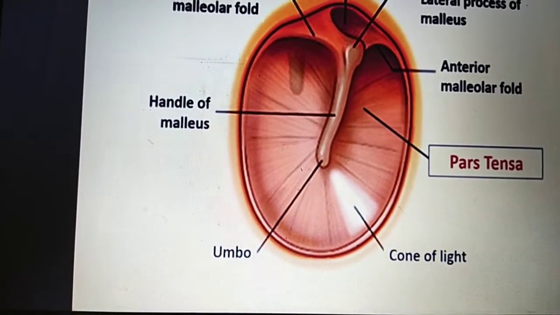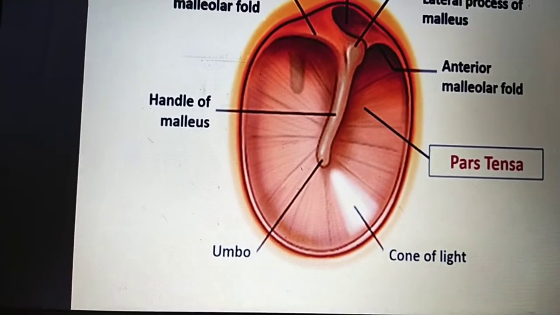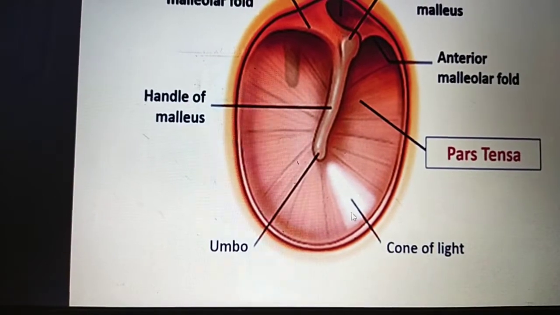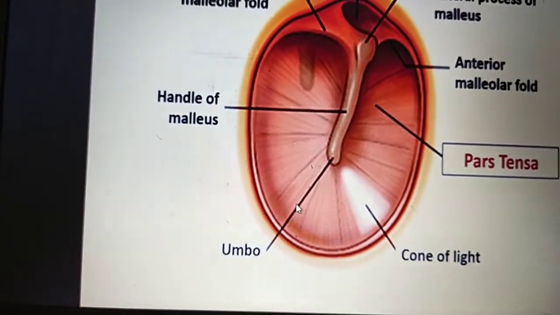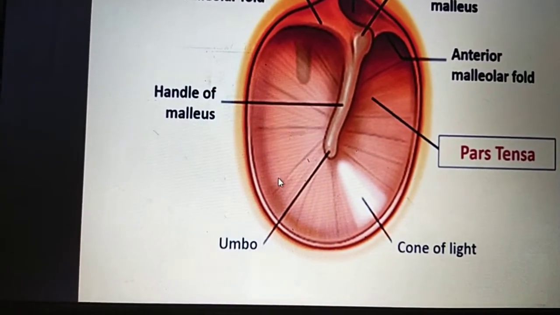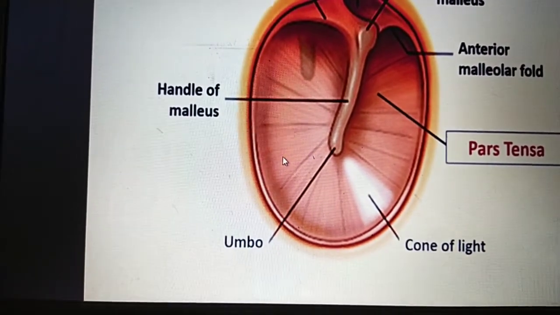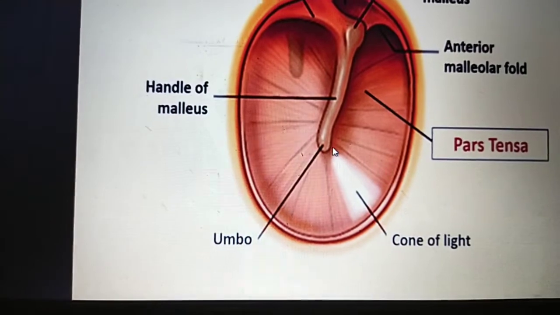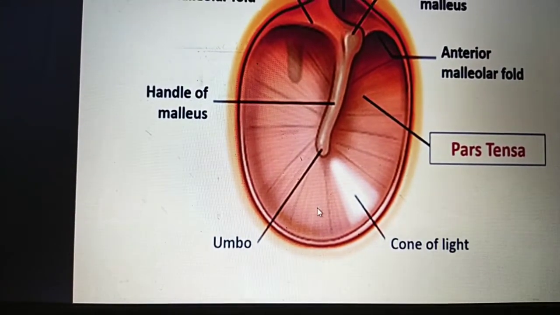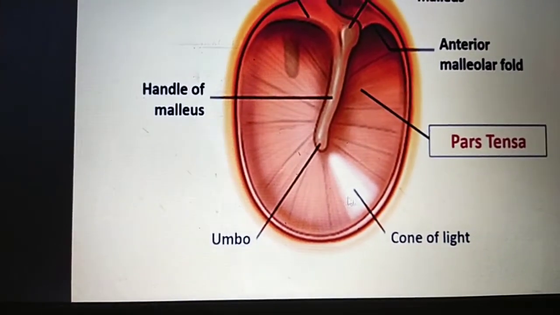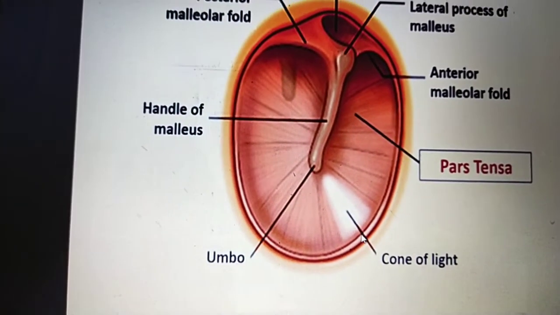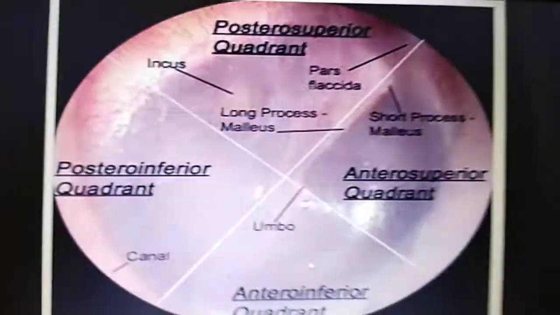This corresponds to 4 to 5 o'clock in the right ear and 7 to 8 o'clock in the left ear. The apex of the cone is attached to the most depressed part of the tympanic membrane, and this is the base of the cone. You can go to the next slide.